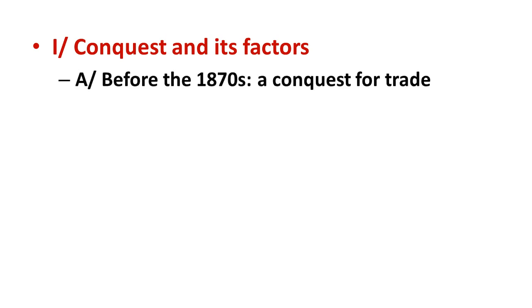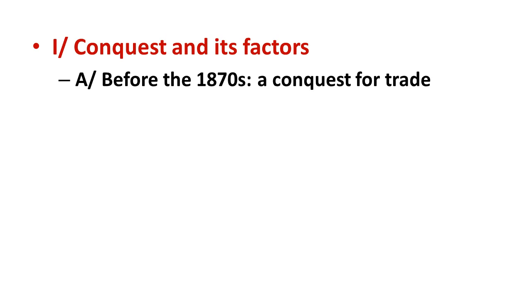And in this first video, I will only develop part 1A, which is a summary of the situation before the 1870s. A time when European conquest of some parts of the world was mostly due to the will to trade and to improve international trade.